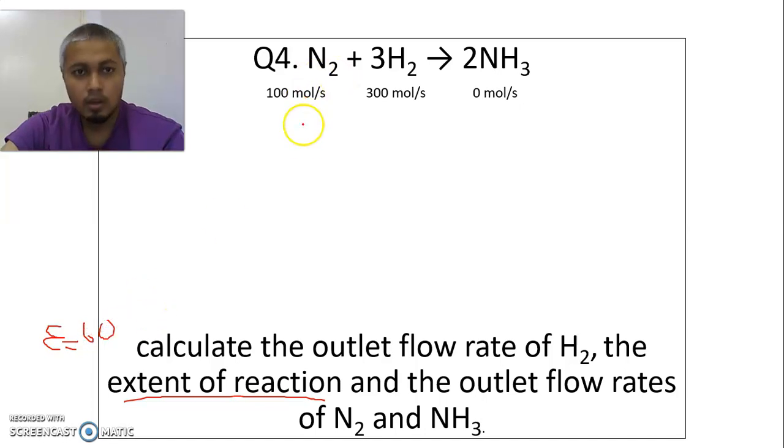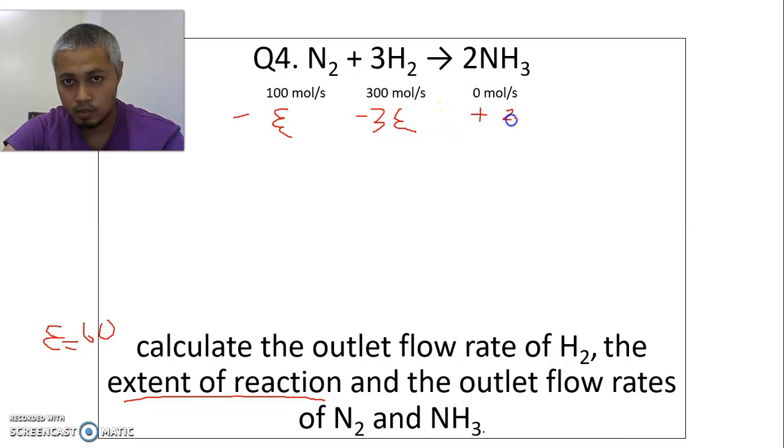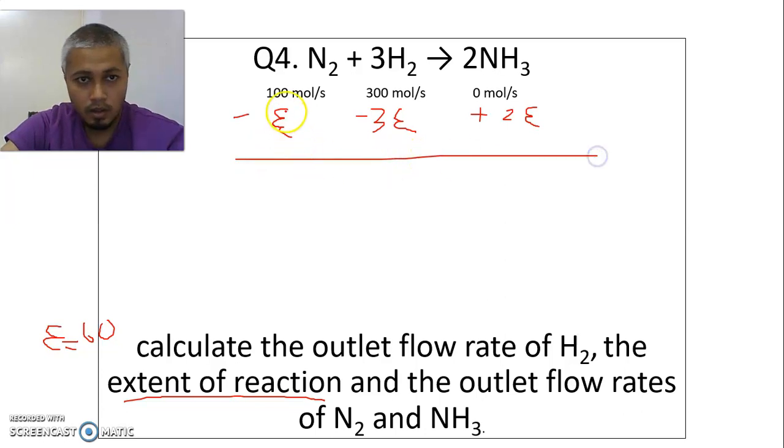So what we can do here is solve this question by using the extent of reaction: minus epsilon, minus 3 epsilon, then plus 2 epsilon. So here, 100 minus 60 is 40. 300 minus 3 times 60, right?